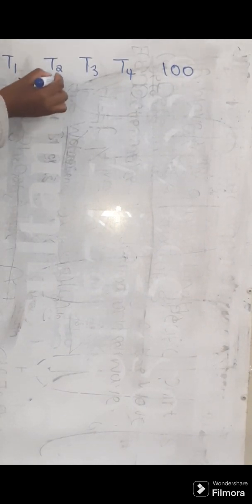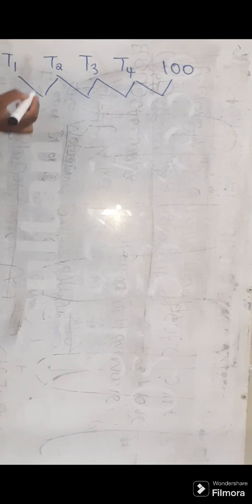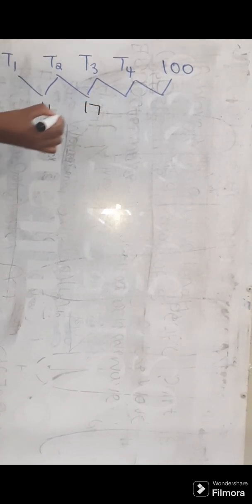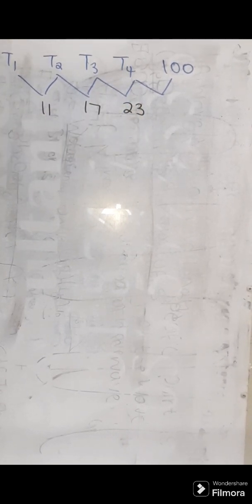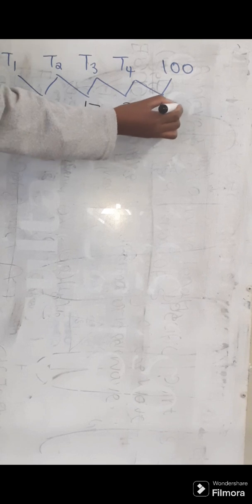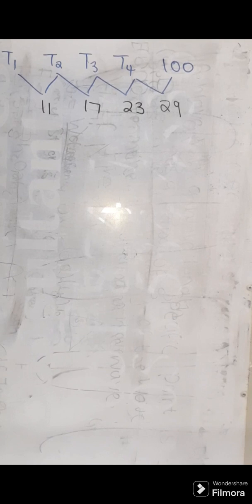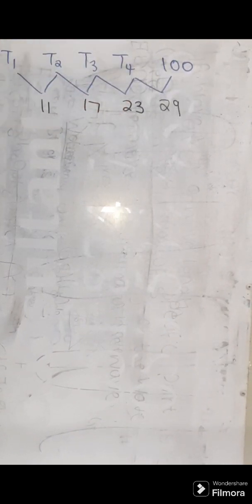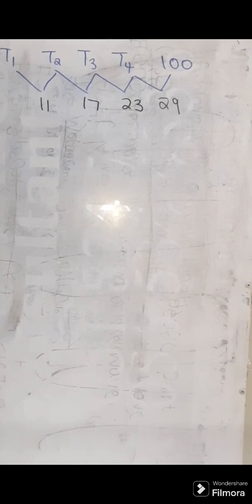So the difference between these terms is that pattern that we originally had, which is 11, 17, 23, and 29. Now can you see that for us to get here, we'll say 100 minus 29 will give us the term 4. But here we are looking for term 2.